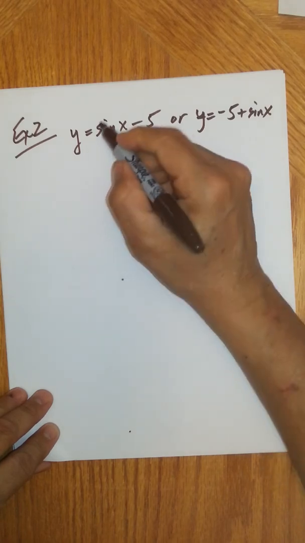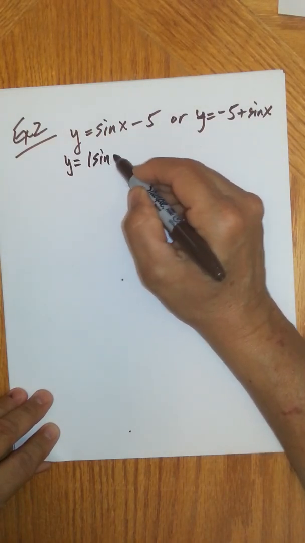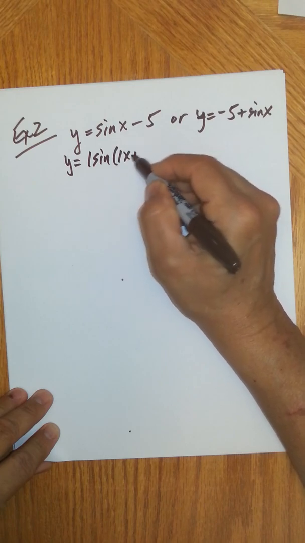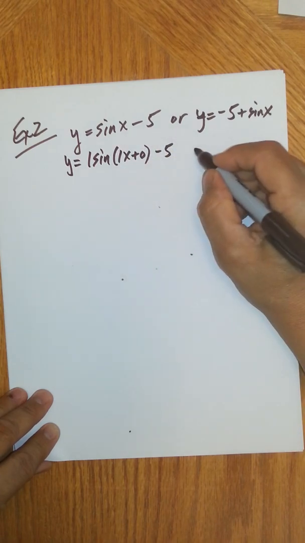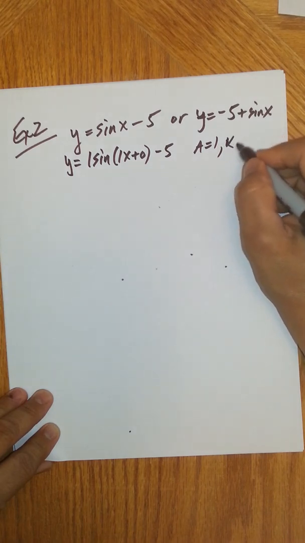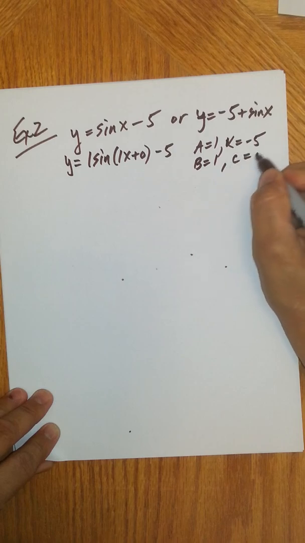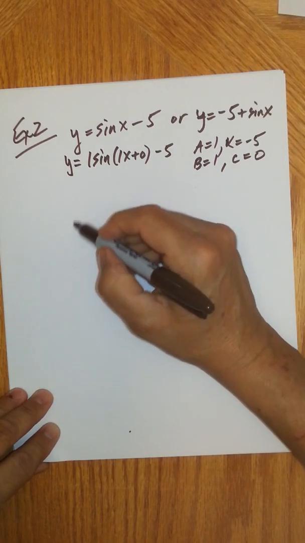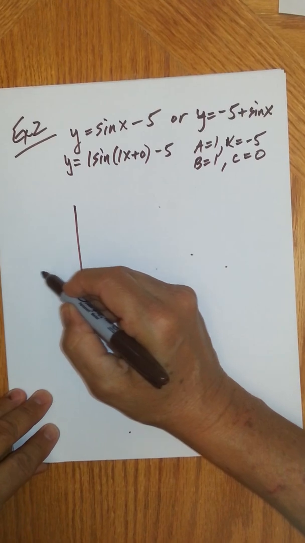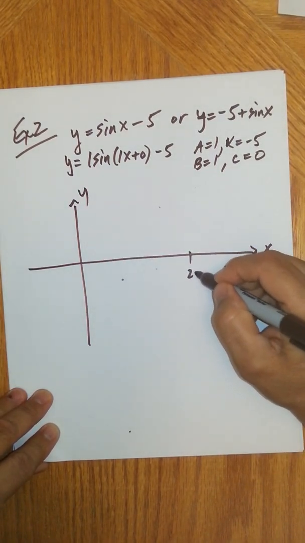But in this case, in the more standard form, I'd write 1 sine of 1x plus 0 minus 5. So I recognize a is 1, and then k is negative 5. And of course here b is 1, c is 0. So to draw this rather quickly, again, I go from 0 to 2 pi.